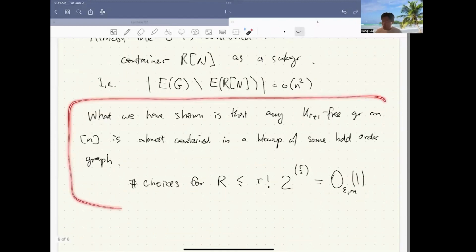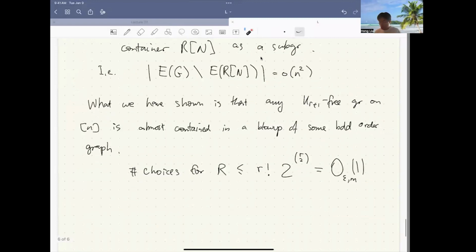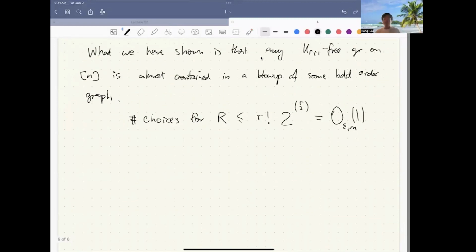Now let's write this into a theorem, which is the tool we use to prove Erdős, Kleitman, and Rothschild. So, theorem: regularity lemma as container.